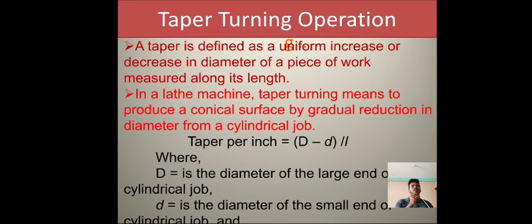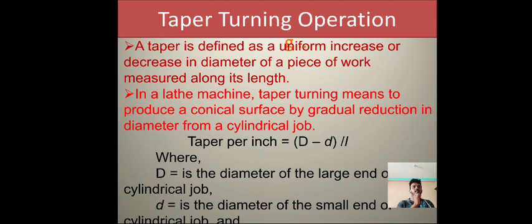Yes, taper turning operations. A taper is defined as a uniform increase or decrease in diameter of a piece of work measured along its length. In a lathe machine, taper turning means to produce a conical surface by gradual reduction in diameter from a cylindrical job. How is it achieved?